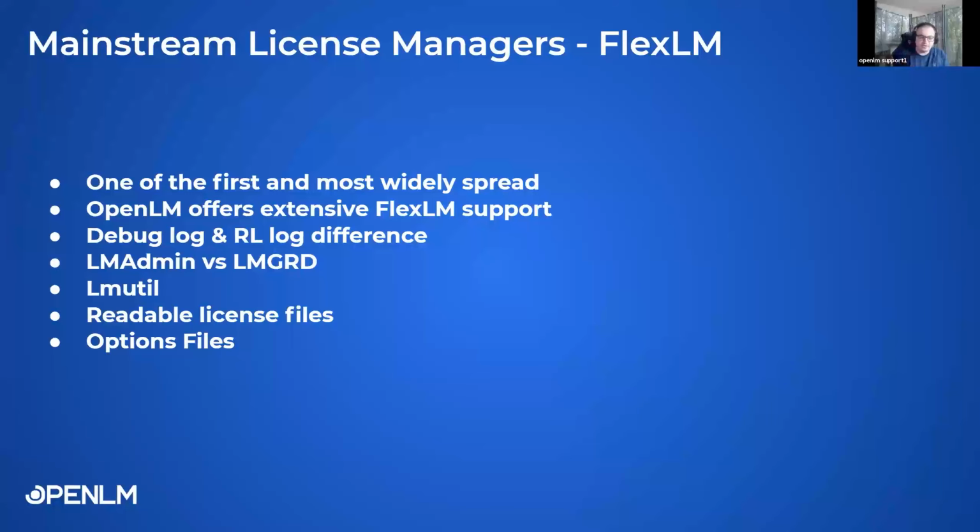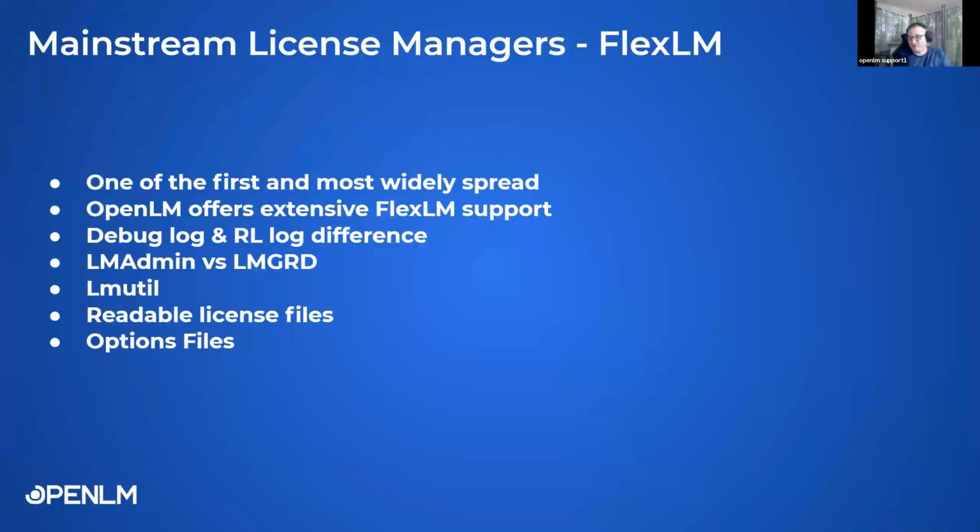This license manager is pretty simple to set up. You can either set it up through a process called LMGRD, which creates the licensing system in conjunction with the vendor daemon provided, or you can use the newer version, which is called LM Admin, which has a little bit of an advantage over the old LMGRD system.